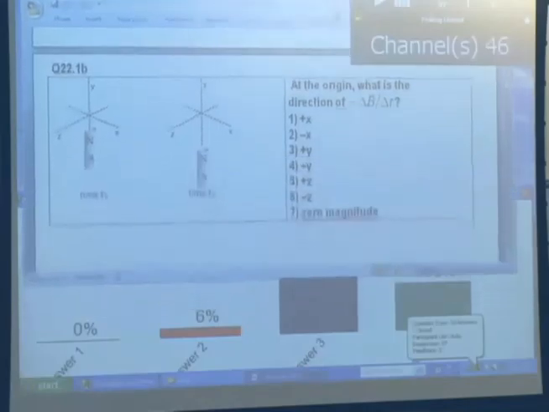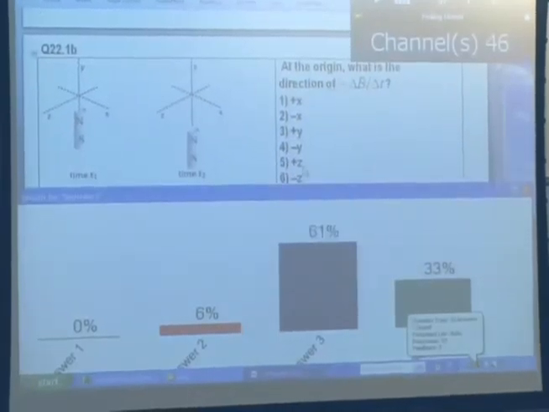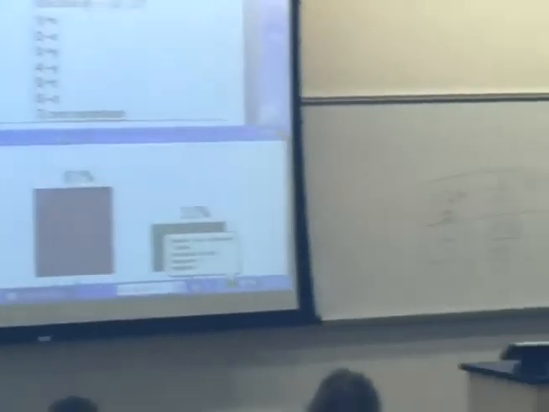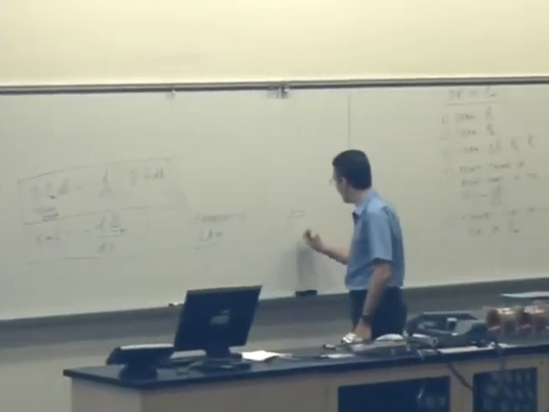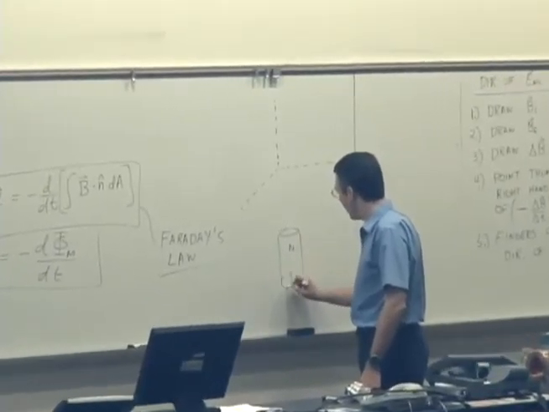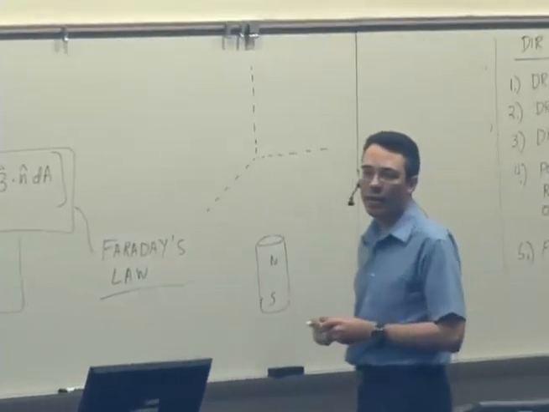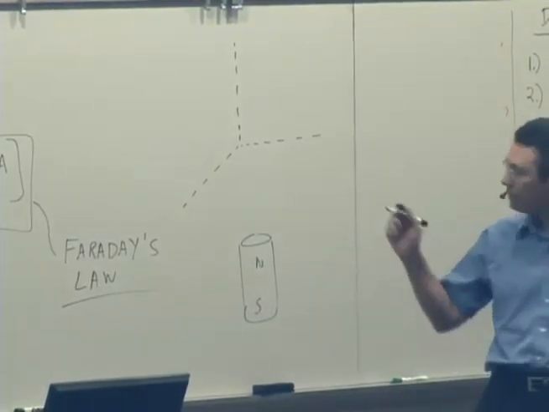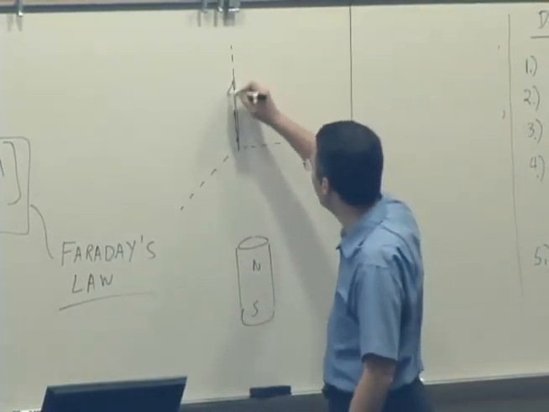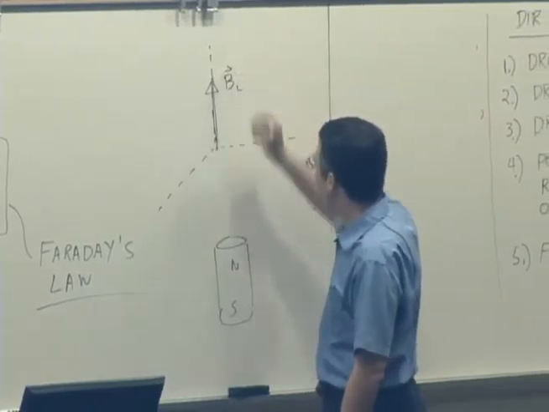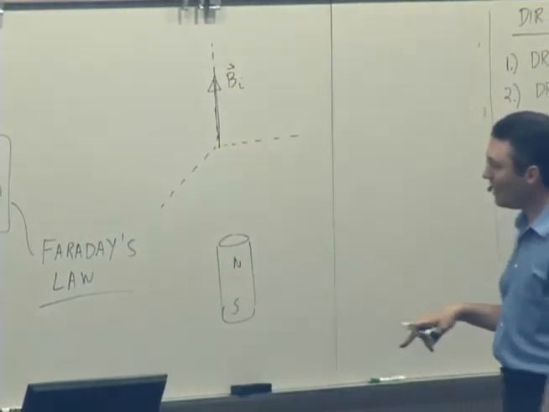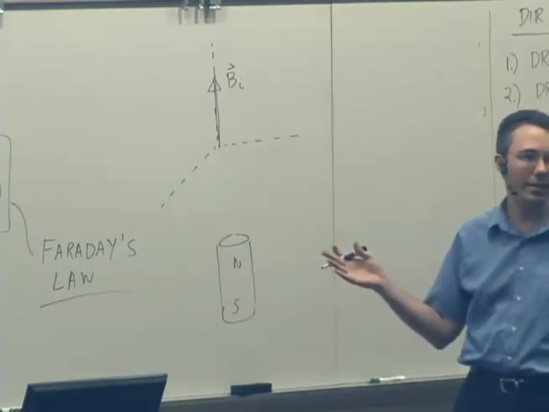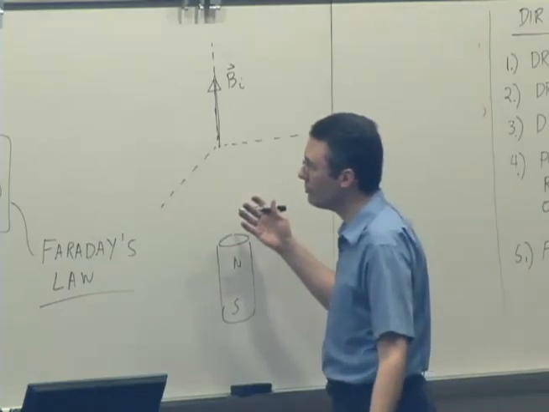A bit more agreement this time. Answer number 3, positive y direction. I believe that is correct. The North Pole is getting farther away. So the initial magnetic field points up. That's B initial. If I move the magnet farther away, B final is up, but smaller.